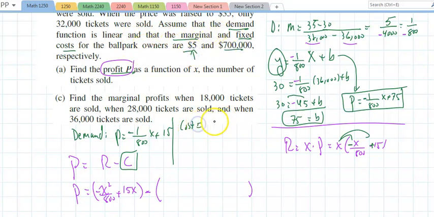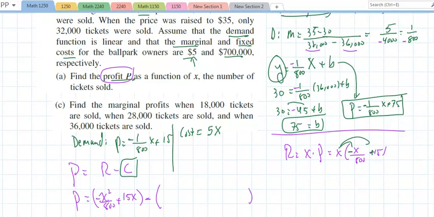So the cost is, the marginal is 5 times each of those tickets plus 700,000. So 700,000, like to rent the place and do all of these things, and the 5 is the cost for producing those tickets.